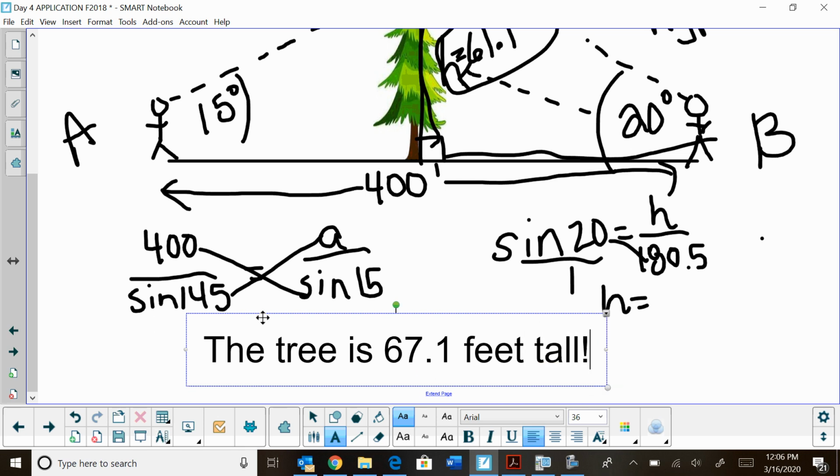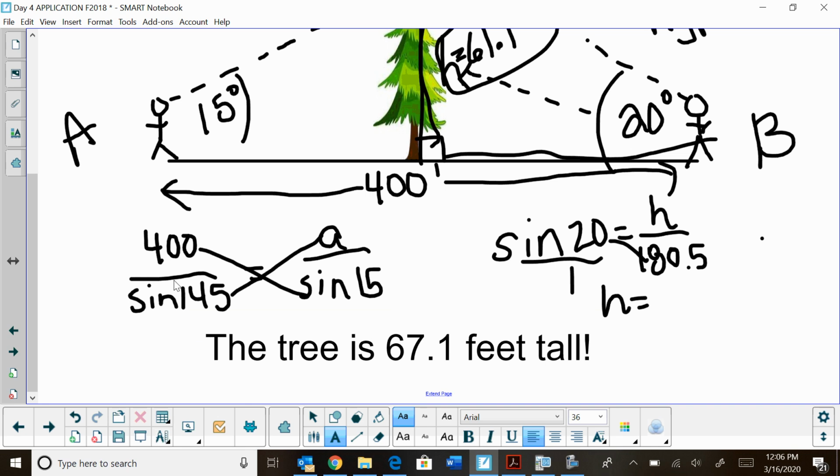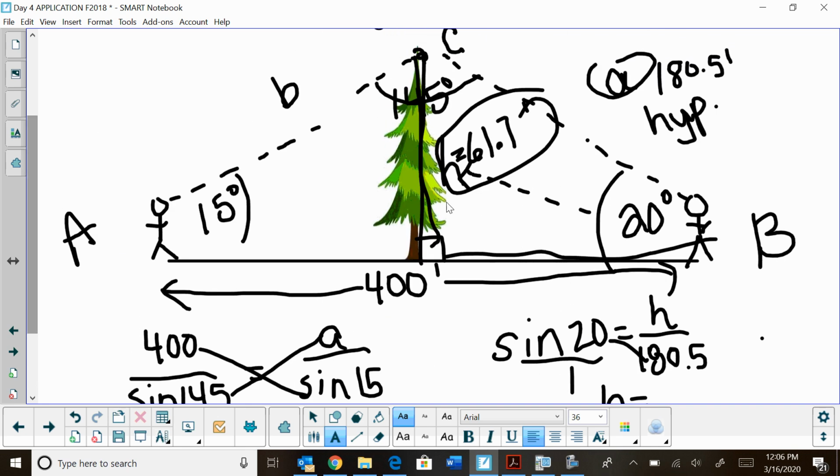And so let's summarize kind of what we did here. What we did is we drew the picture, given the information. We had angles of elevation. We drew the distance between the two people as 400. Then we had to find angle C, which was 145 degrees, and use it with the law of sines, where 400 is side c, and it's associated with the sine of 145.